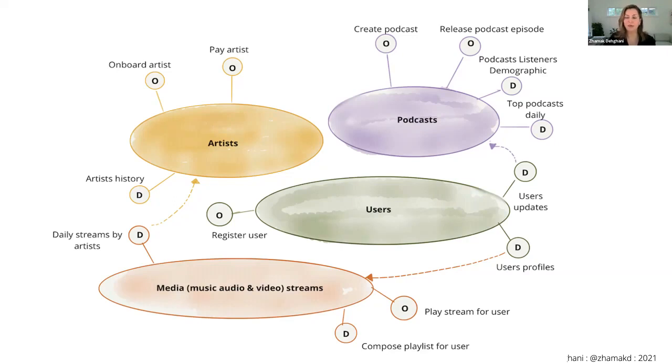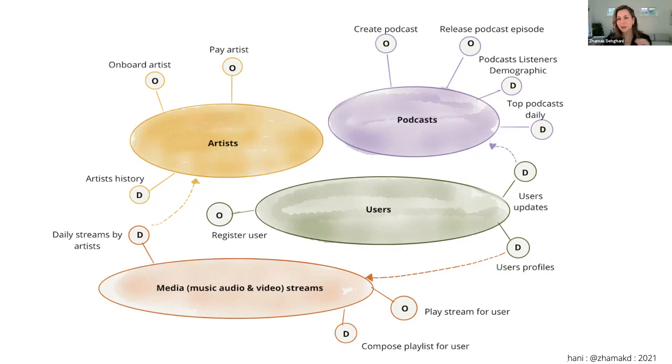Let's look at a podcast, right? So we have a podcast domain, probably has a podcast player in it, the applications that people actually run, a podcast microservice, whatever application you have, and you have the operations of create podcasts and release podcast episodes. But in addition to that, access to podcast listeners' demographics is pretty good analytical data, right?